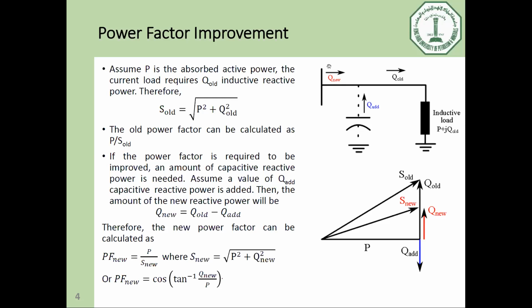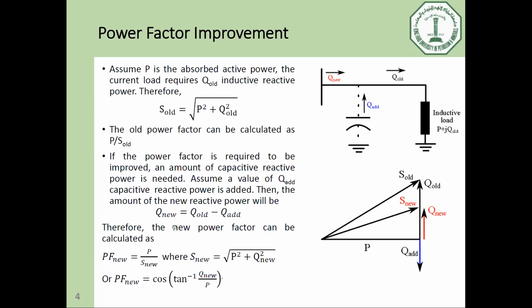So in a numerical example, if we have 100 kilovars absorbed by the load, and we could obtain 90 kilovars from a capacitor, the resultant reactive power taken from the supply will be only 10 kilovars. Is it right? So in this case, Shabab, we reduce the amount of reactive power from the supply. So this means Q new will equal Q old minus Q added.